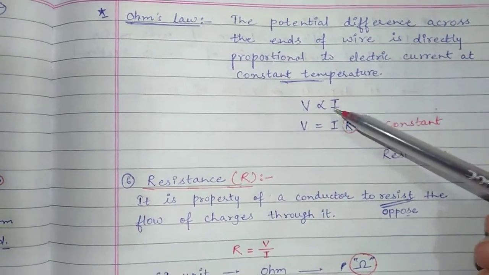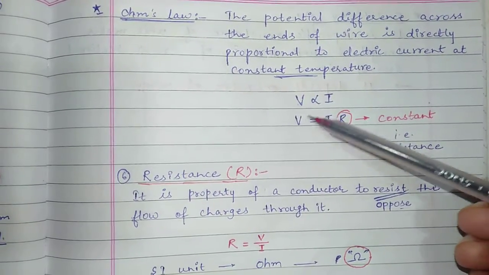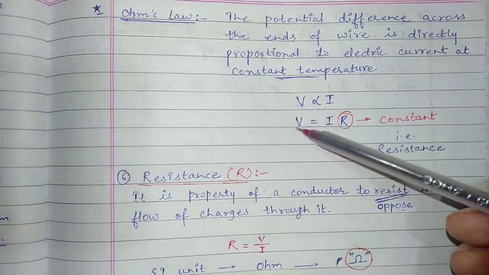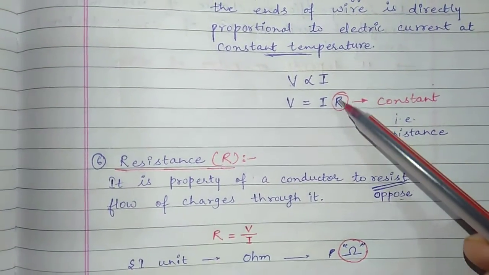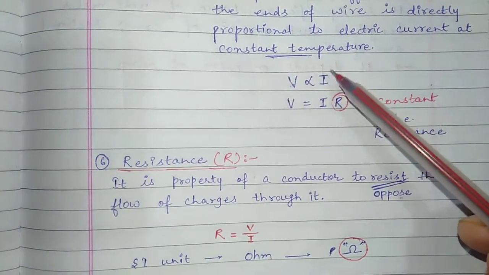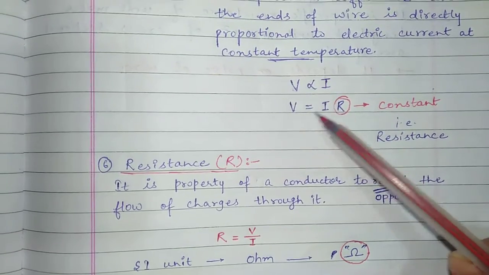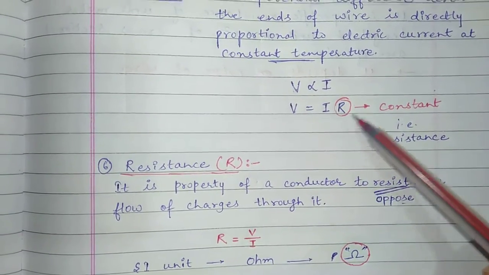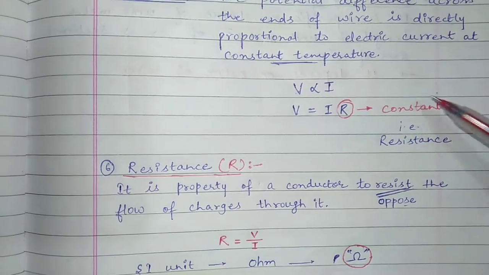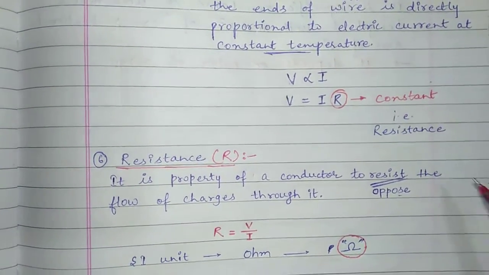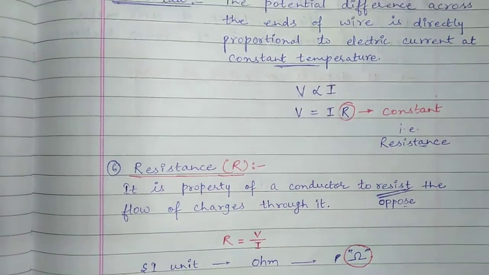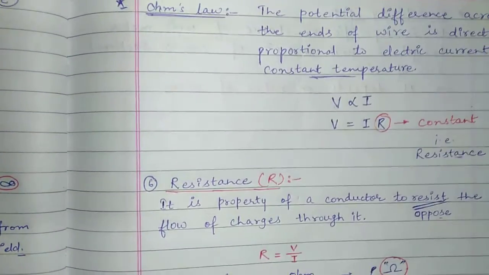Then when we bring in the equal sign for V and I to make a relationship between them, in physics we need to bring in a constant. That constant is R, and R means what, students? Resistance.